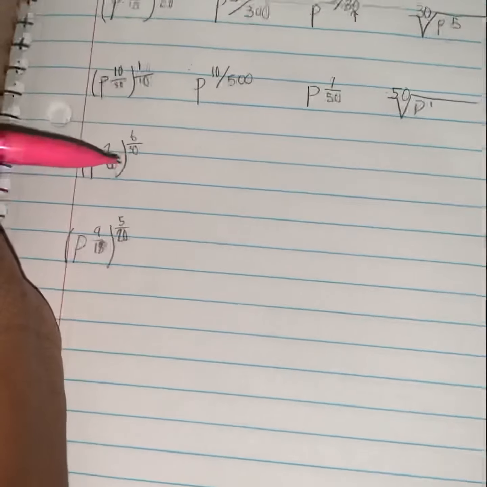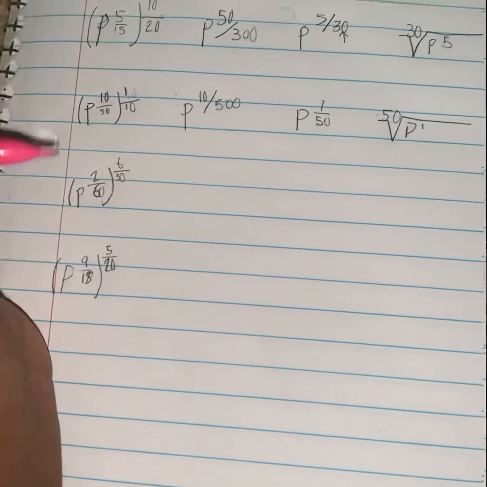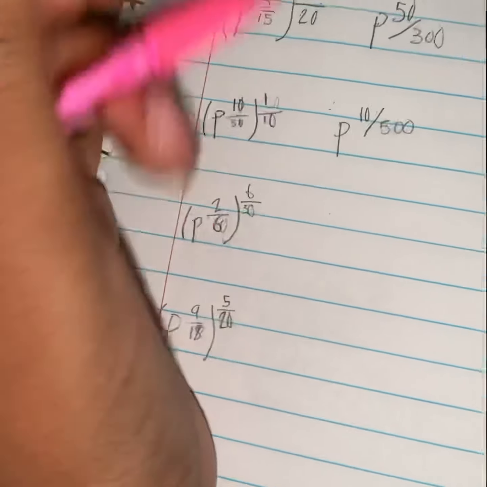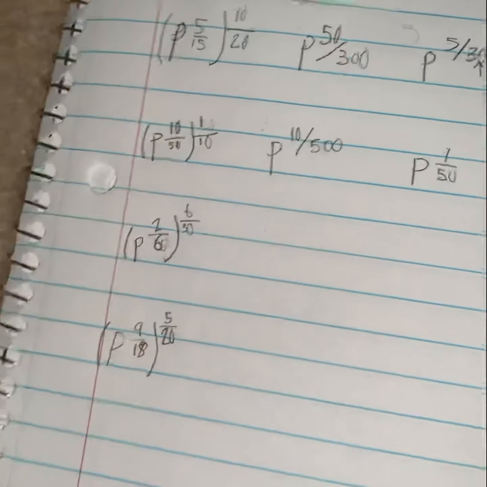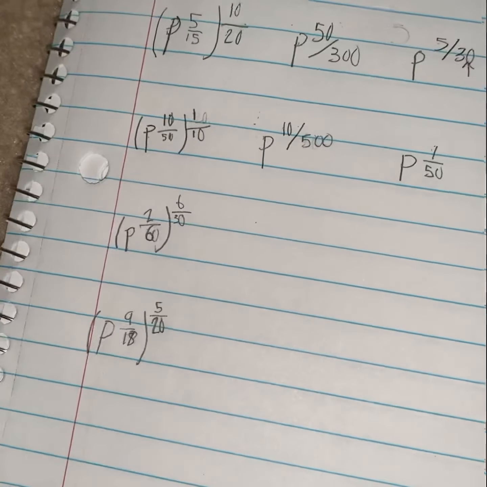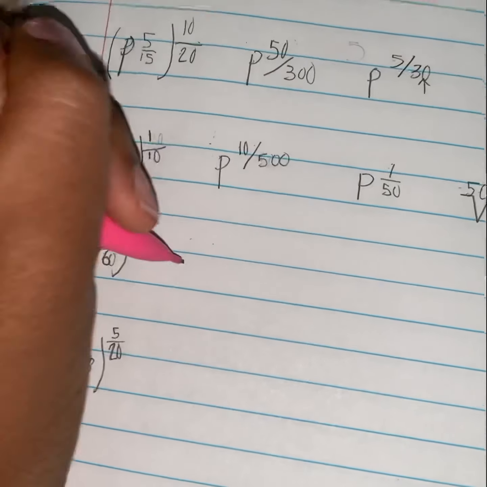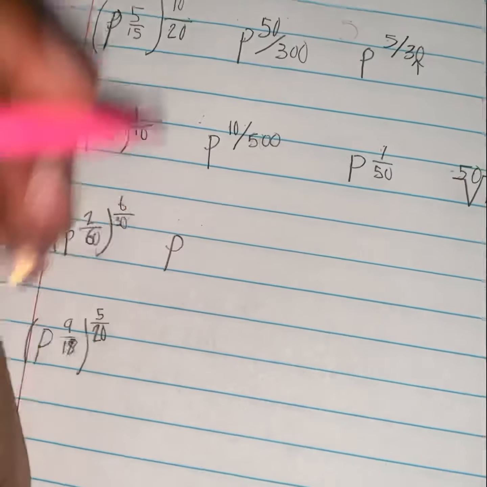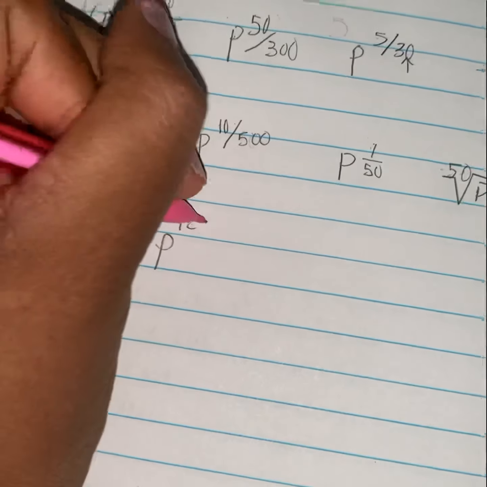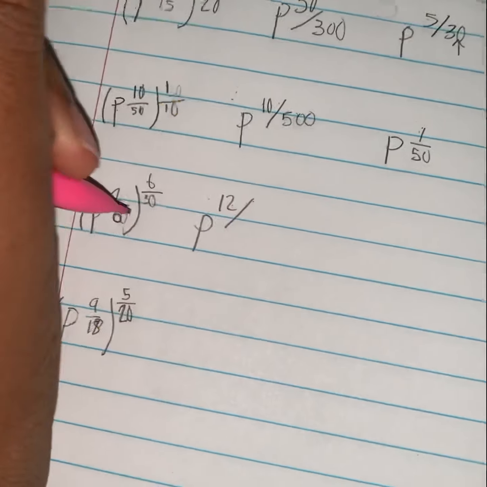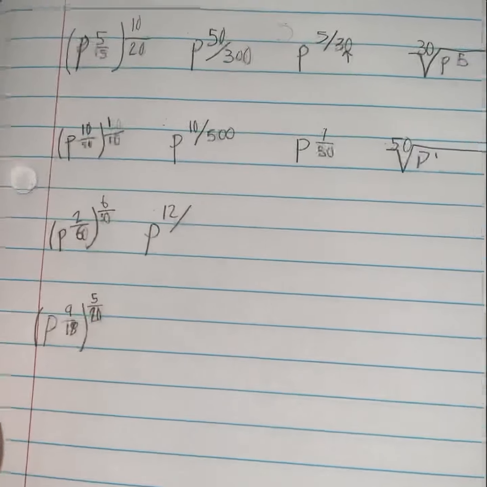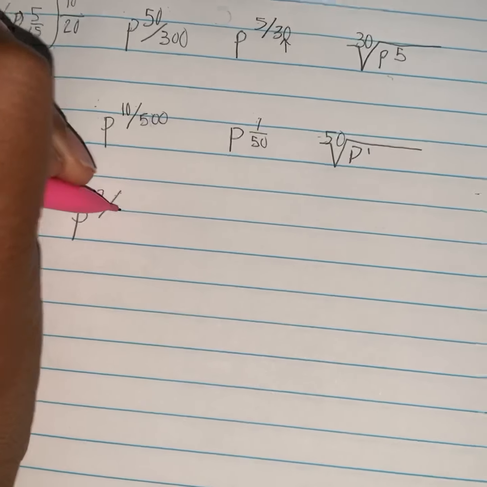Okay, so next problem. 2 over 60 and 6 over 30. Okay, so 2 times 6 would give us 12. I had to make sure. So the square root of 12 over 60 times 30, 1,800.